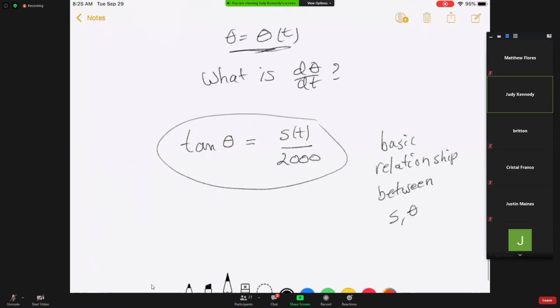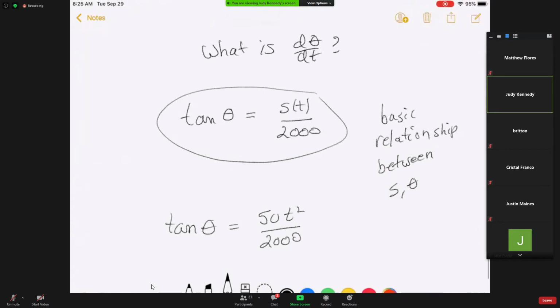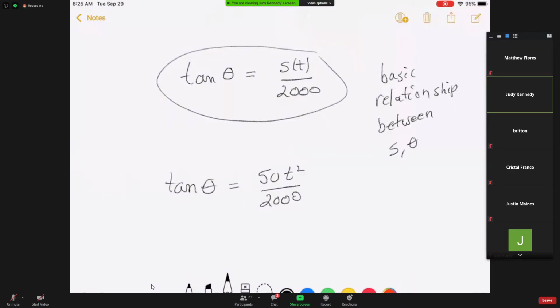Okay, so that says that the tangent of theta, well, we're given that S of t is 50t squared. Okay, and now differentiate both sides. Well, the right-hand side's easy.